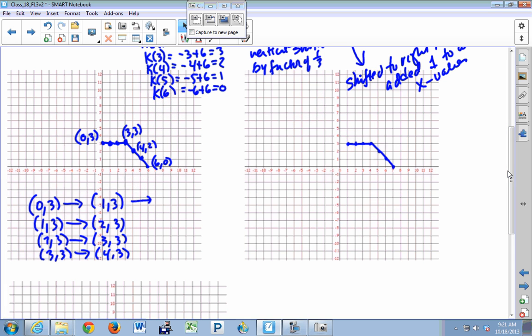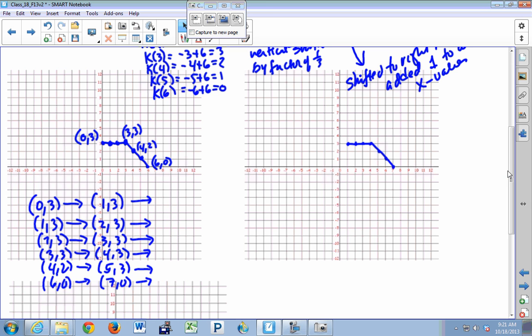Here was my first transformation, and now I'm going to take all of my y values and shrink them. I'm going to take all my y values and multiply them by 1/3.